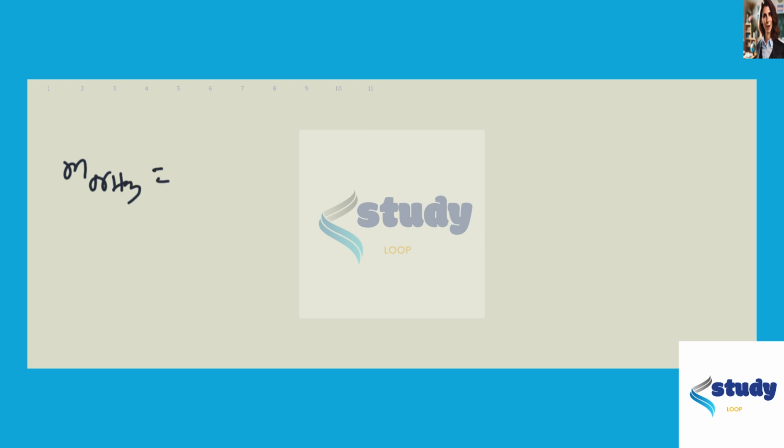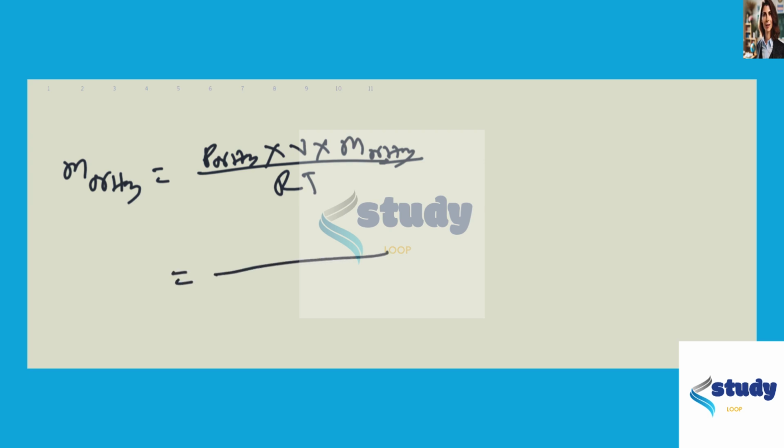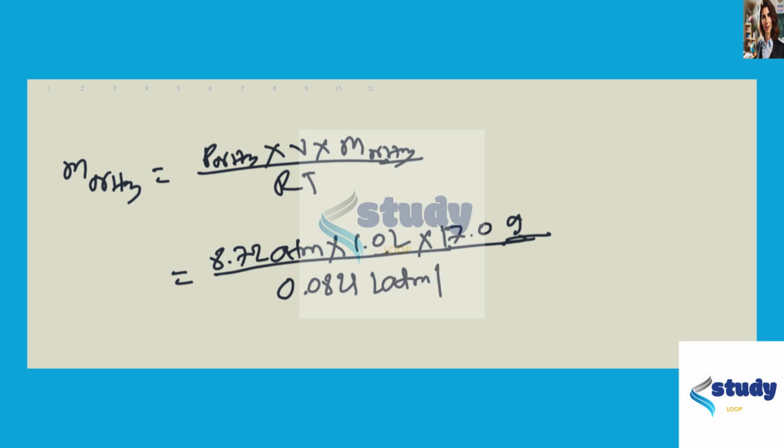It will be initial partial pressure of ammonia times the volume times the molar mass of ammonia, over R and T. The initial partial pressure of ammonia is 8.72 atm, times the volume of 1 liter, times the molar mass of ammonia, 17 gram per mole, and R is 0.0821 liter atm per mole Kelvin, times T of 573 Kelvin.